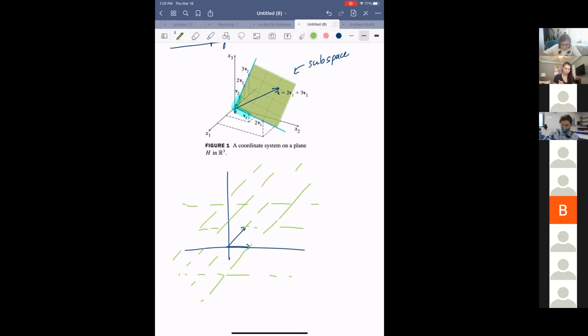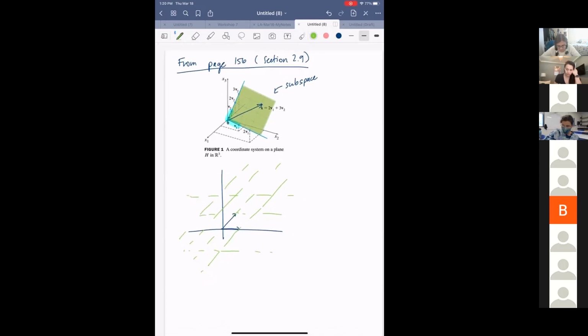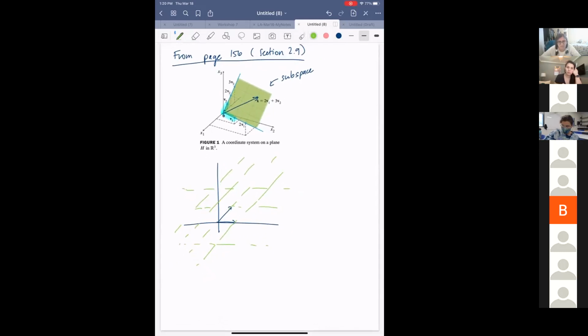So when you write the x with the little basis, that is saying how to map x on the coordinate system of the plane H, for this given example. Yeah, exactly.